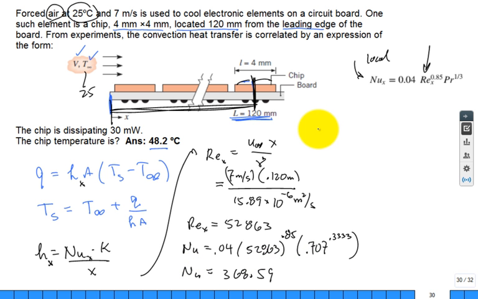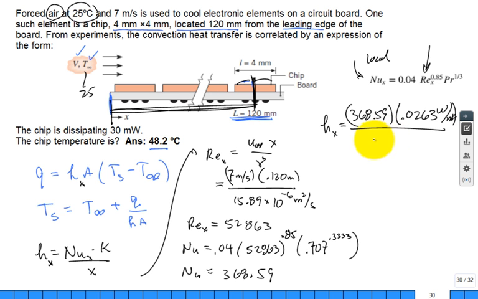Keep them all. The local h is the 368.59 times the thermal conductivity, 0.0263 watts per meter Kelvin, divided by the distance 0.120 meter. So you get the local h is around 80.78 watts per meter squared Kelvin.